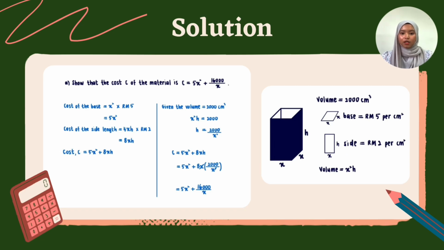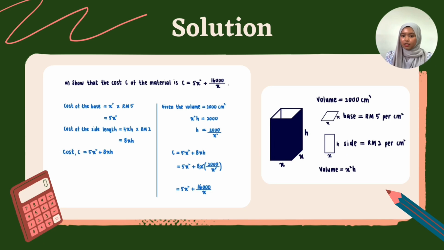First, we know that the box has a square base of side x, so the area of the base is x squared. And for the sides, since the box has 4 vertical sides, each side has an area of x times h, so the total area of the sides is 4xh. So now, to find the cost of the material, we need to sum the cost of the base and the cost of the sides.